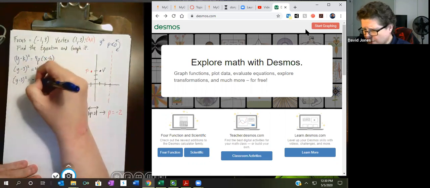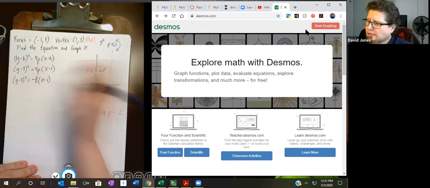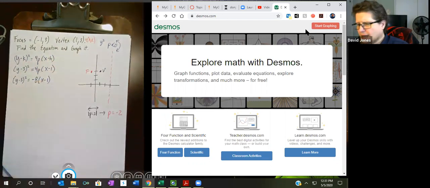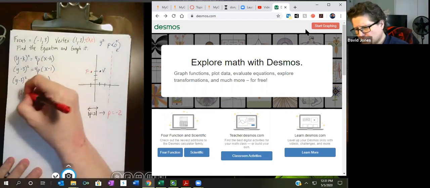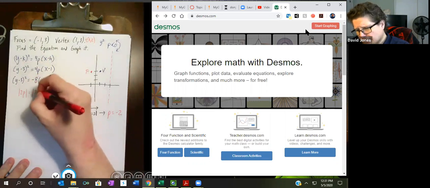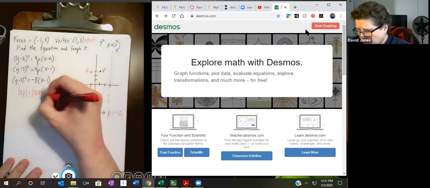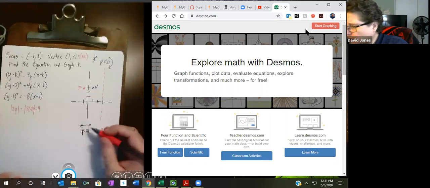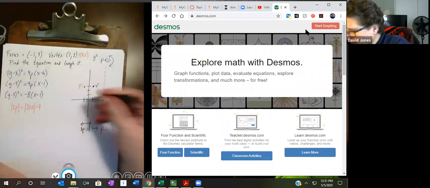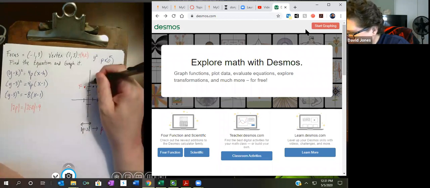Four times -2 is -8. How much is absolute value of 2p? 2 times -2 is 4, which means I need a point that's up 4 and down 4 from that point.